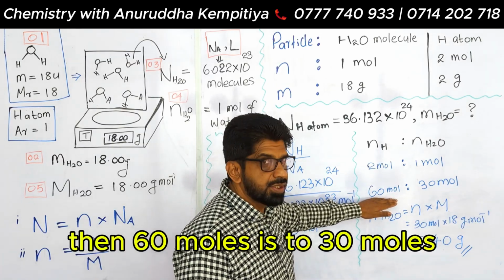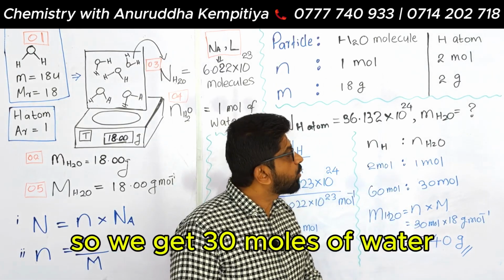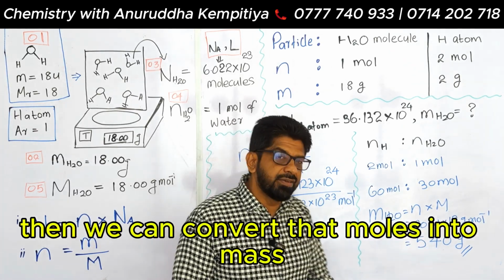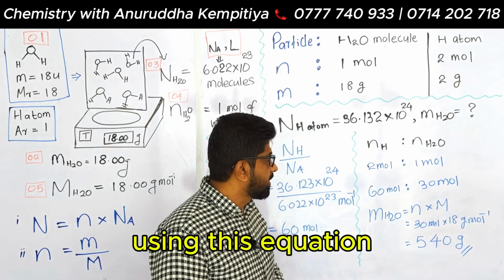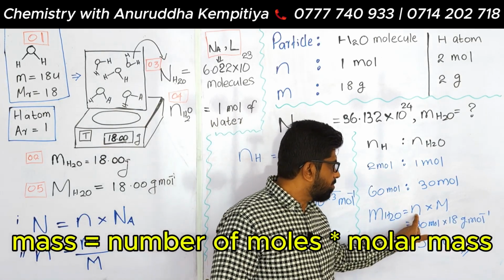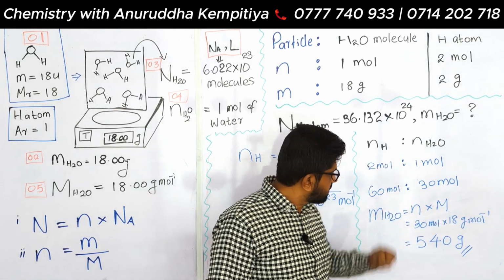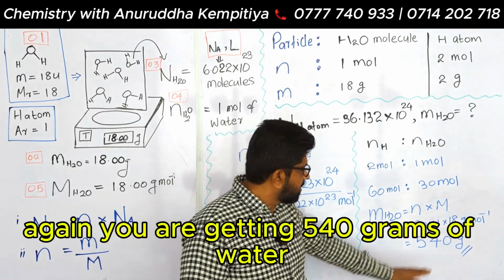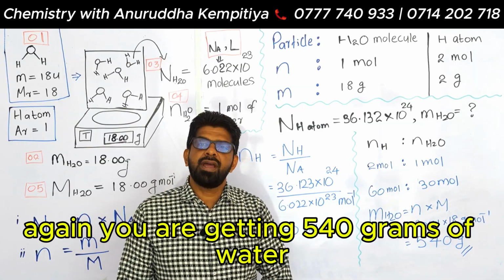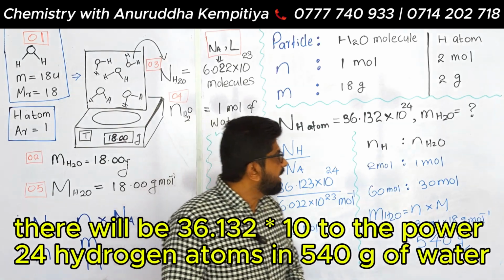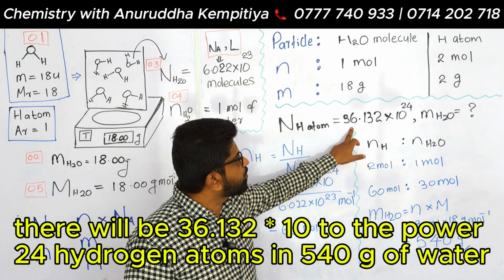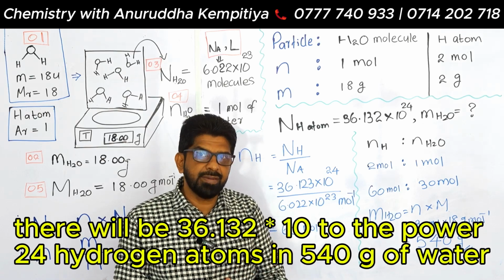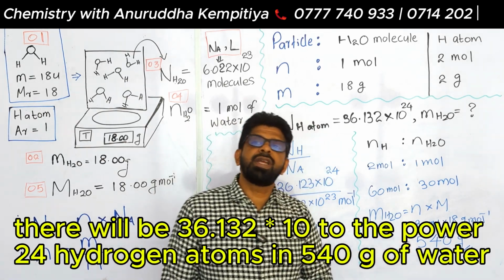Then 60 moles is to 30 moles. So we get 30 moles of water. Then we can convert those moles into mass using this equation: mass equals number of moles times molar mass. Then number of moles 30 times 18 grams per mole. Again you are getting 540 grams of water. So the meaning is there will be 36.132 times 10 to the power 24 hydrogen atoms in 540 grams of water.